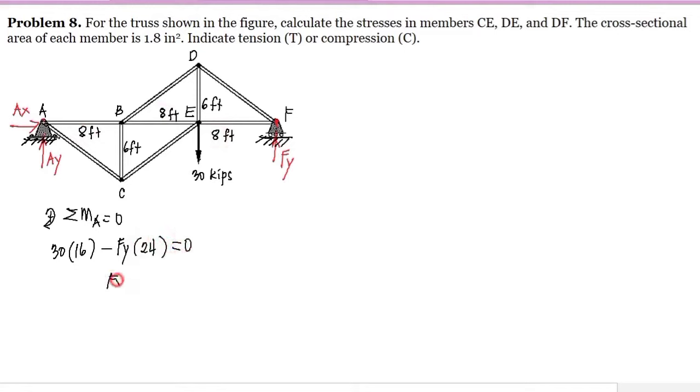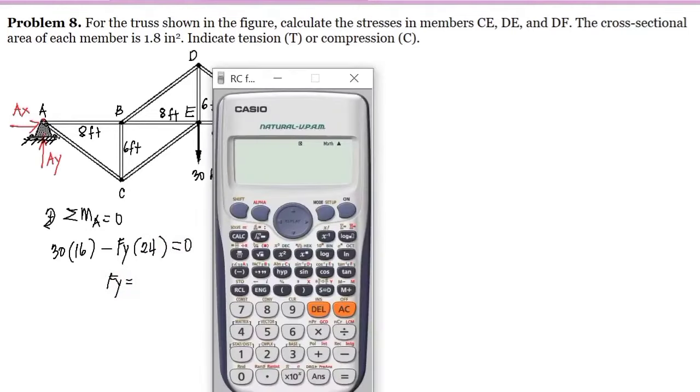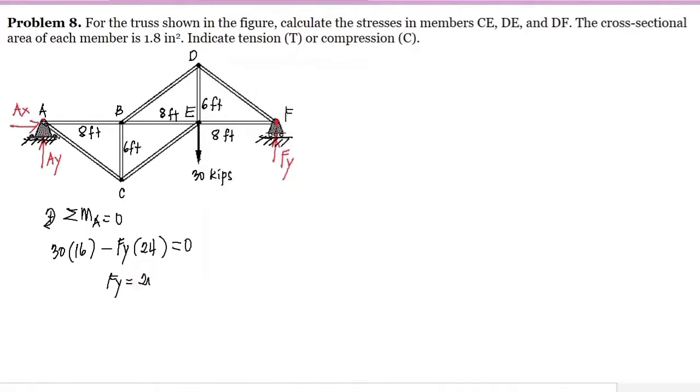So solving for the value of Fy, we have 30 times 16 minus 24x equals 0. Shift solve equals, and we have 20. So here at point F, we have a 20 kips reaction. Since the answer is positive, meaning our assumption is correct that Fy is directed upward.